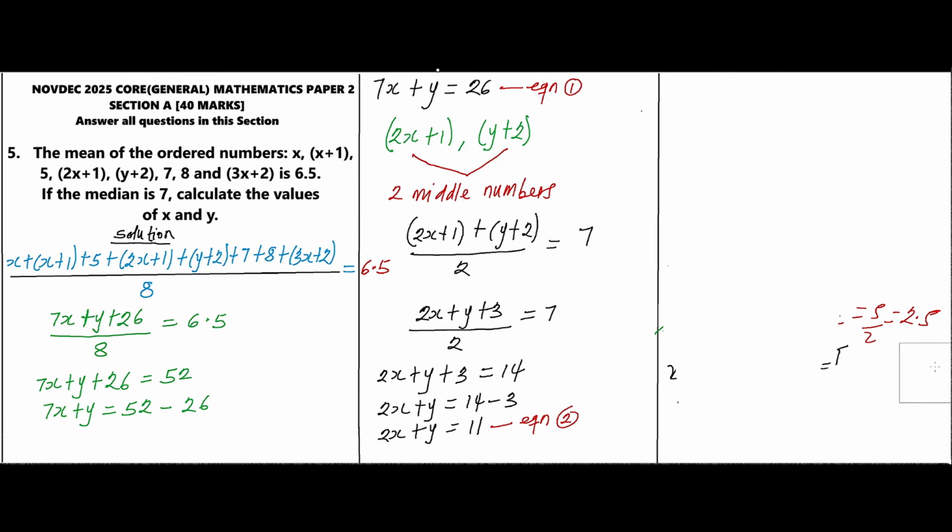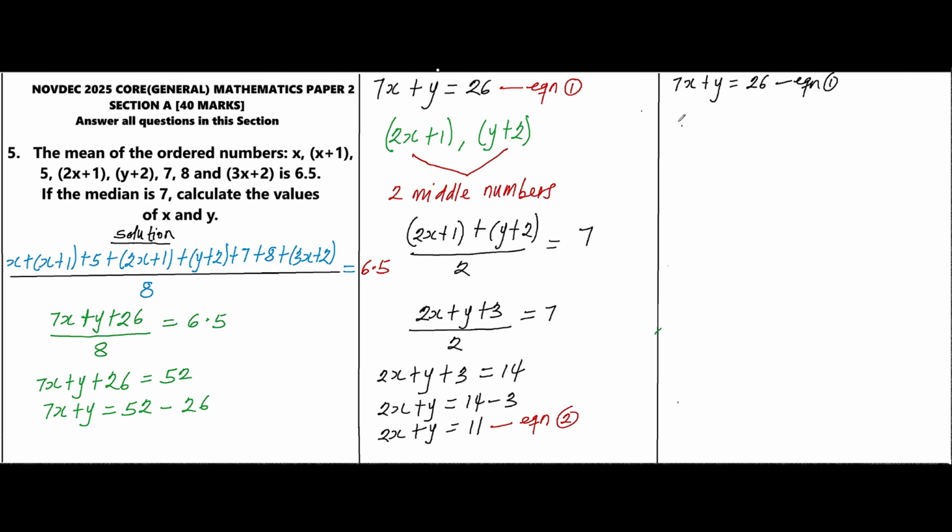So let's do that. So for equation 1, we have 7x plus y equal to 26.